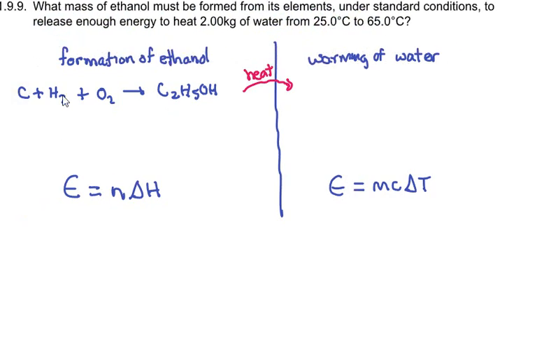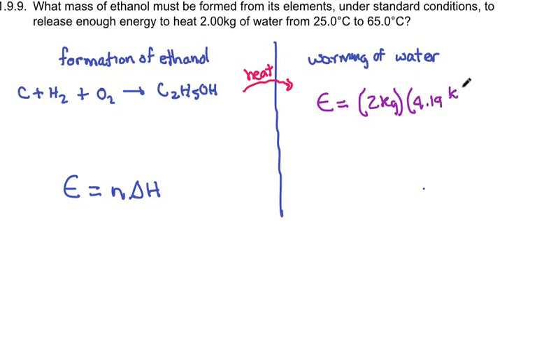Oops. I'm just going to have to erase that. So they're starting with, we need you to heat up 2 kilograms of water, which has the specific heat of water.